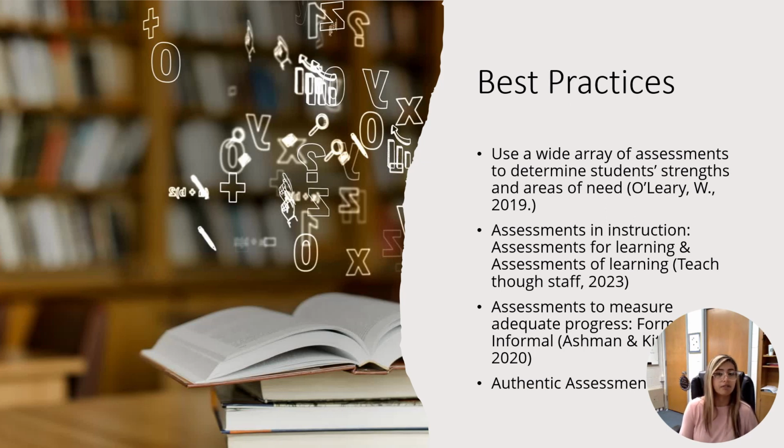We have norm-referenced tests that are a good starting point when working with students with special needs, because they pinpoint strengths and areas of growth that help the teacher plan and design differentiated instruction. Also, we have criterion-referenced assessments that measure students' progress on their IEP goals. And let's not forget the authentic assessments that help us make instruction more meaningful and engaging.